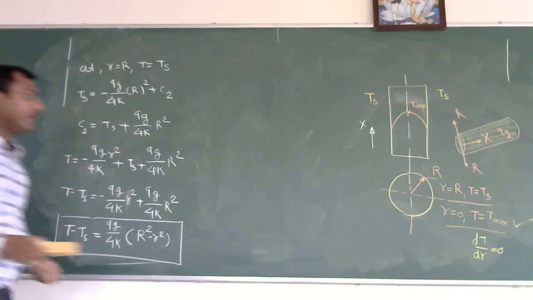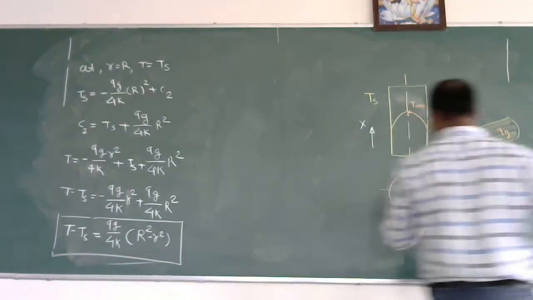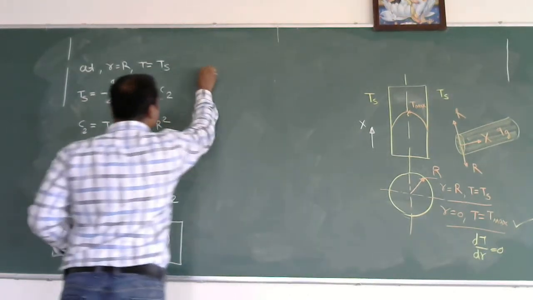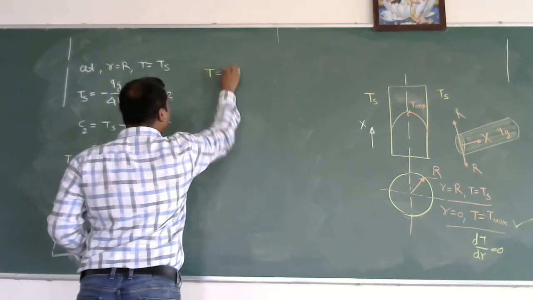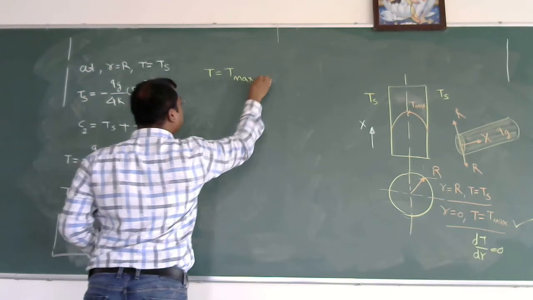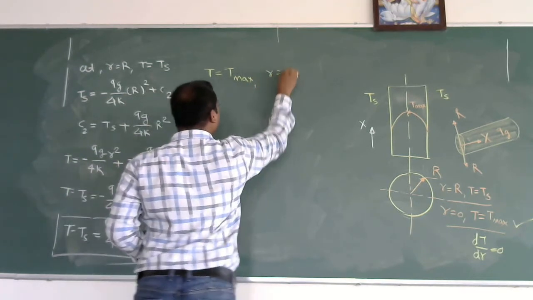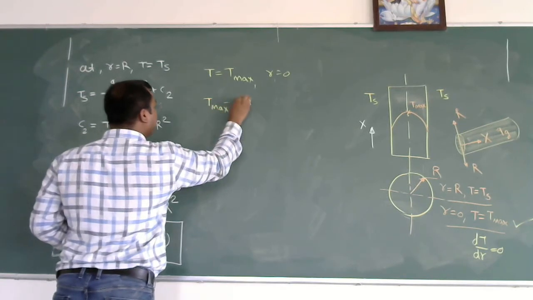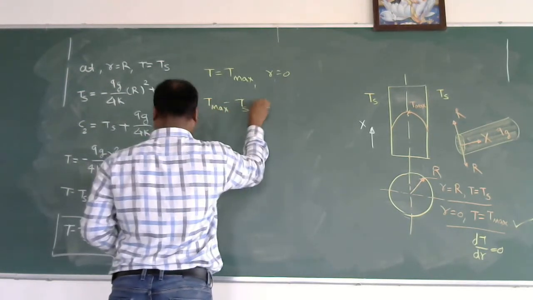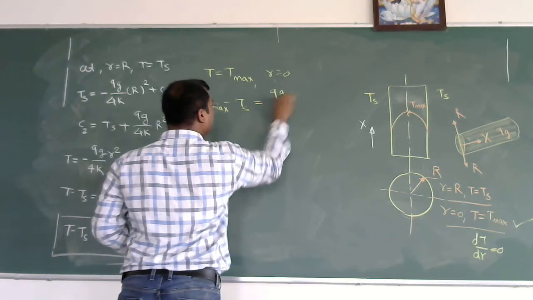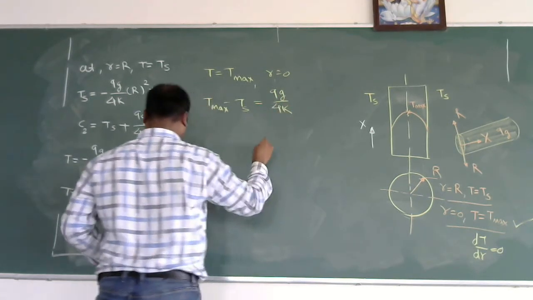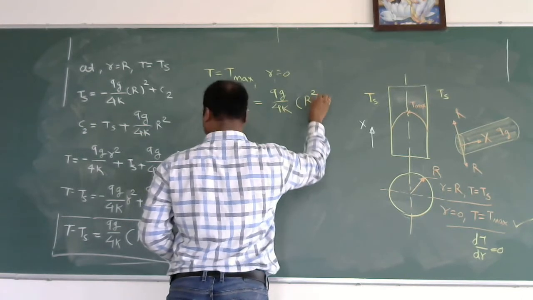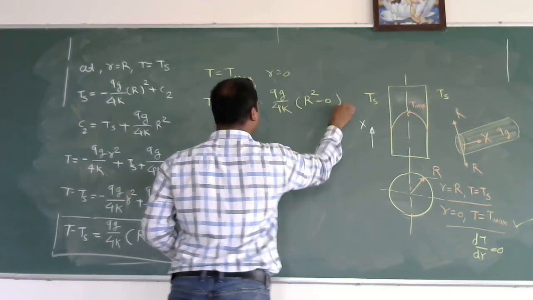For this case, when there is a symmetric geometry at r is equal to 0, I am getting T is equal to T max. For T is equal to T max, this is the case when r is equal to 0. I can put T max minus Ts is equal to Qg by 4k into R square minus r, that is 0.